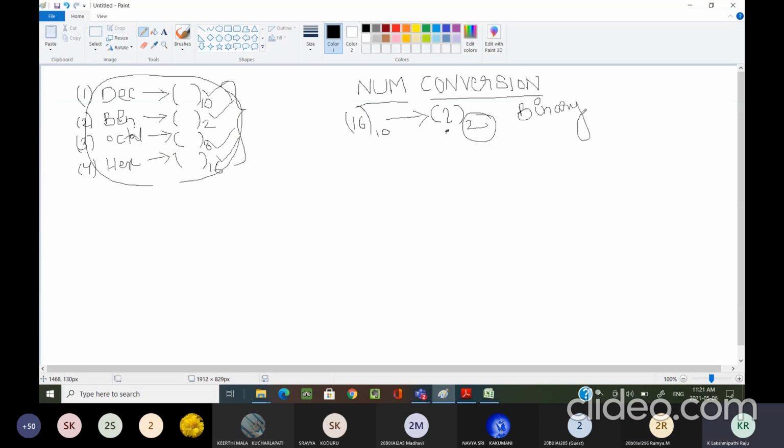Now see, I hope you know, so I can move a little bit faster. 16 is the given number. This is the source number. Everyone knows the source number. What is the destination base? The destination base is 2.